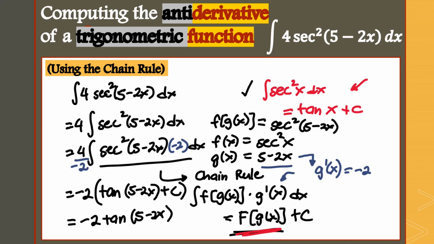Then plus, let's say, negative 2c, because you're multiplying negative 2 to c. But of course, as a general form, you can simply place here plus c. This would be the answer for this item. This is the antiderivative of the given function using the chain rule, which will also be verified later on with another rule in the next video as well.